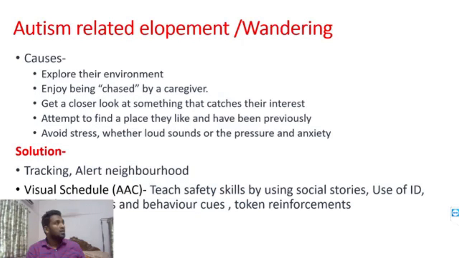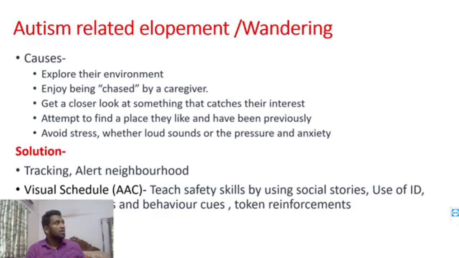It's a game for sure, but it becomes dangerous when you don't let the caregiver know and you just run around. Then the child gets a closer look at something, a butterfly or something shiny, follows behind that shiny object and finally gets lost. Sometimes the child goes to a familiar place he remembers, because they don't express, but they do remember.